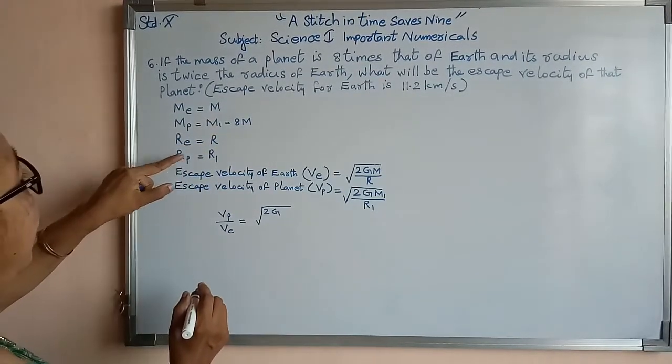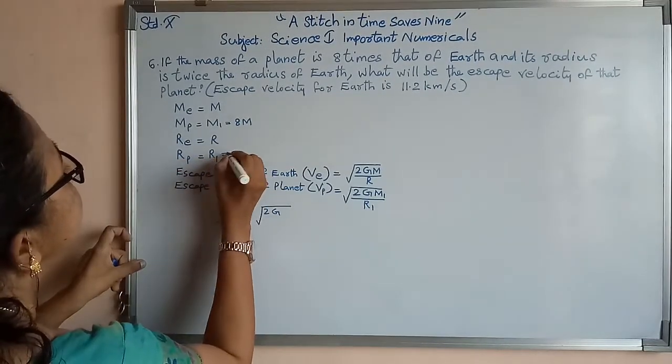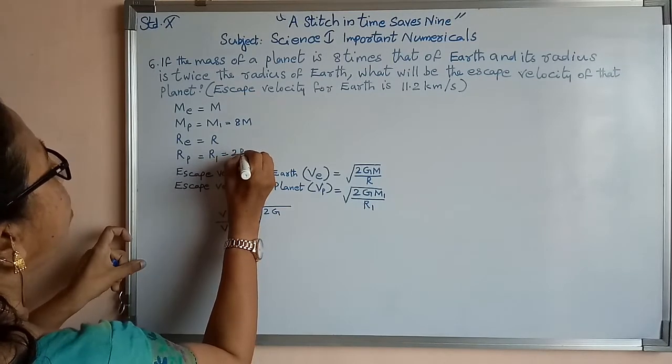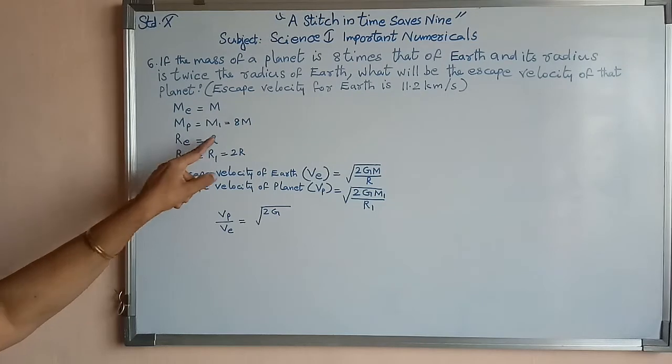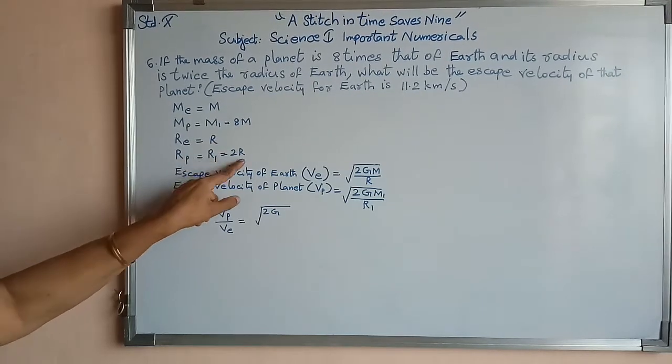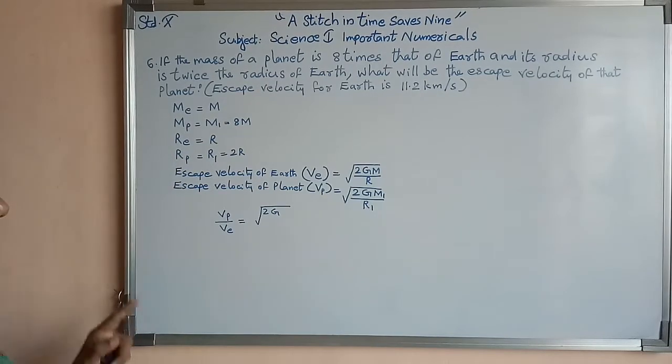Then R1 how much is there? 2 times of R. This is radius of the Earth, that is given R. Its 2 times will be there, that is equal to R1, the radius of the planet.